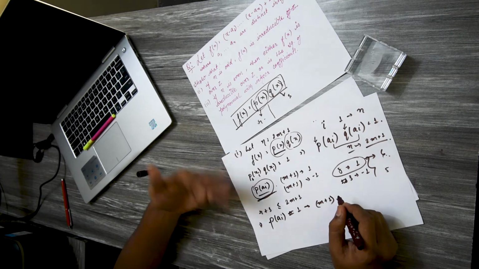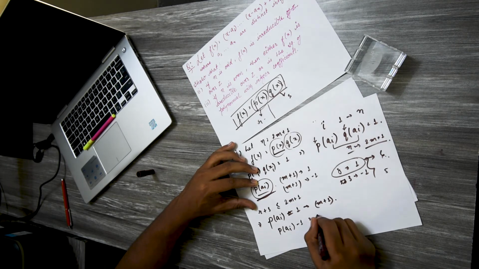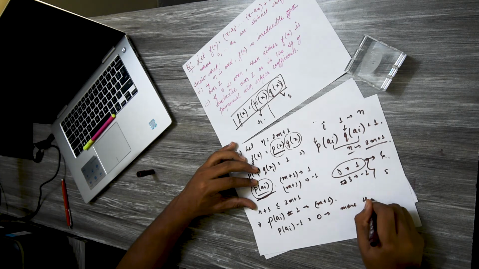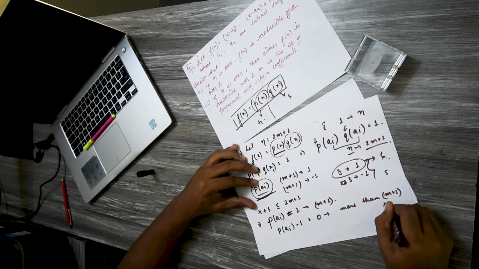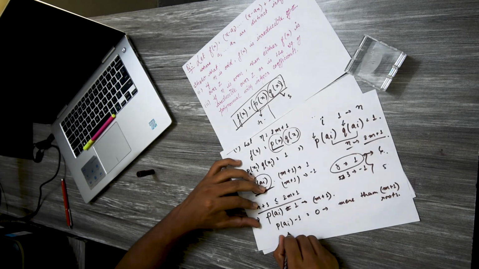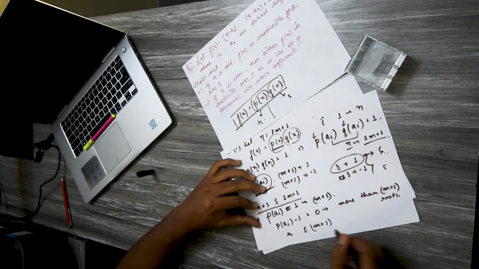That means p(a_i) minus 1 has more than m plus 1 roots. But we also found that r should be less than or equal to m plus 1, it can have a maximum value of m plus 1.